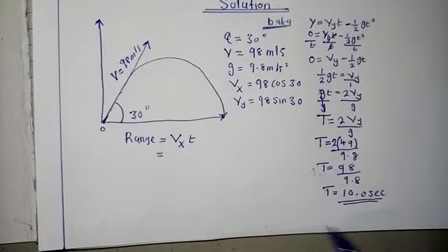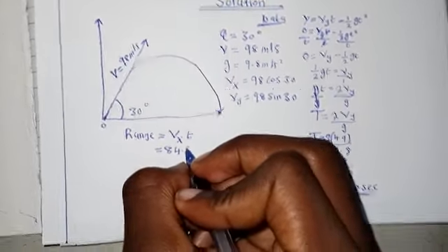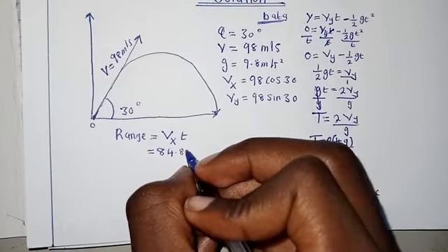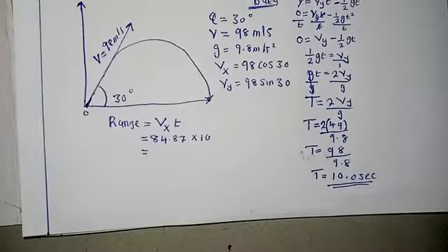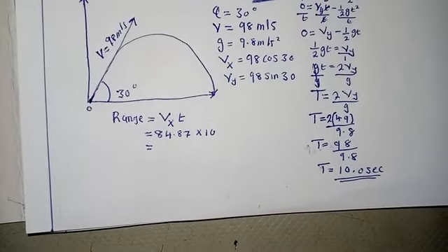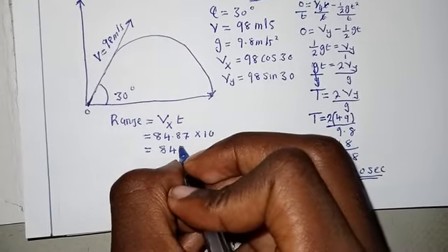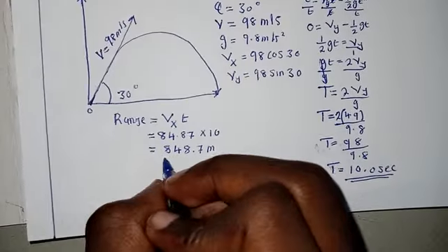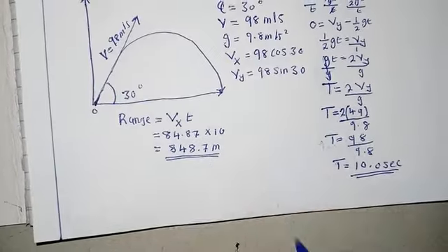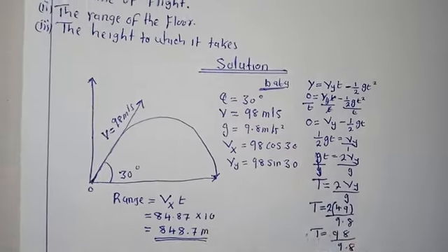So it's going to be 84.87 multiplied by 10. It's going to be 848.7 meters. All right, so this is how you solve the first and the second question.